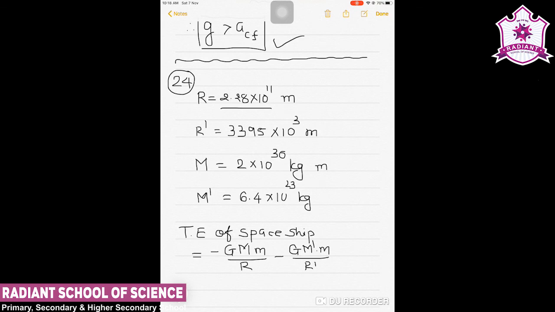So m is 1000 kilogram, that is the mass of the spaceship.